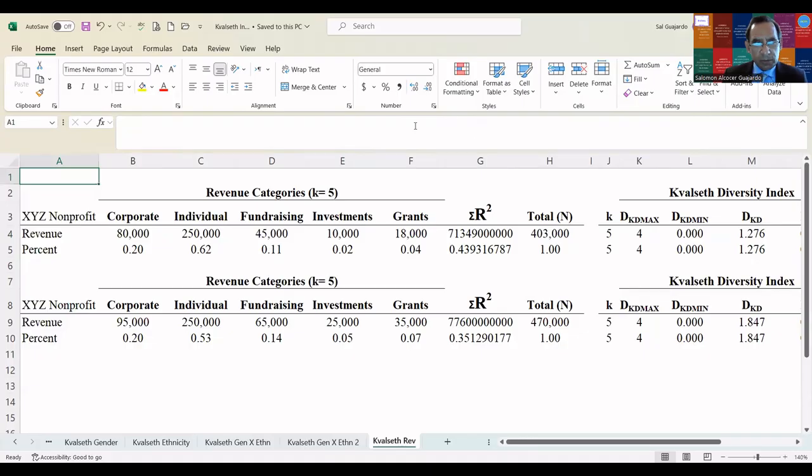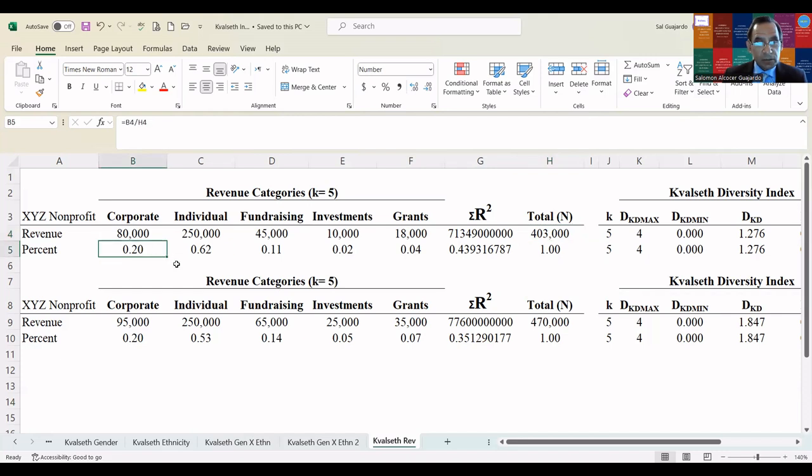So here I have the revenue data for XYZ nonprofit. Recall that the corporate revenue was 80,000, individual revenue was 250,000, fundraising was 45,000, investments was 10,000, grants represented $18,000 in revenue, for a total of 403,000.